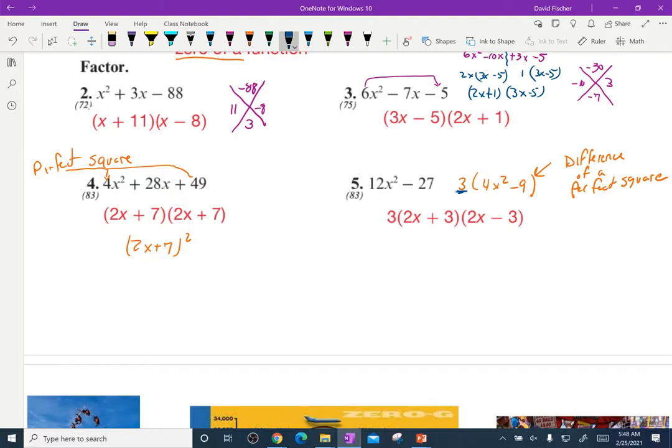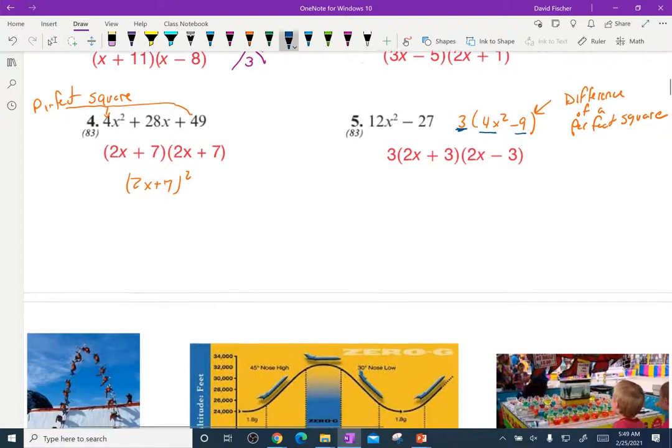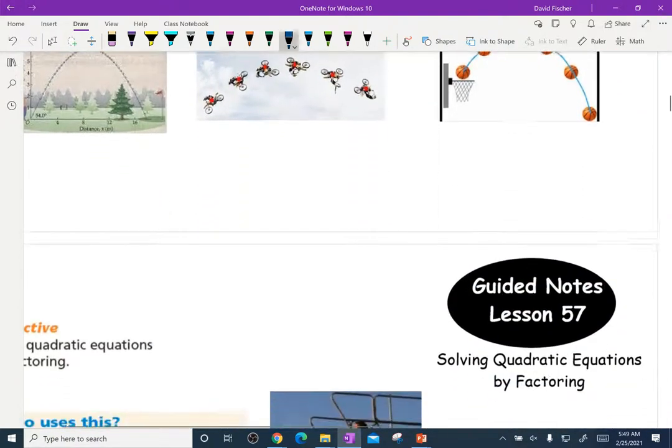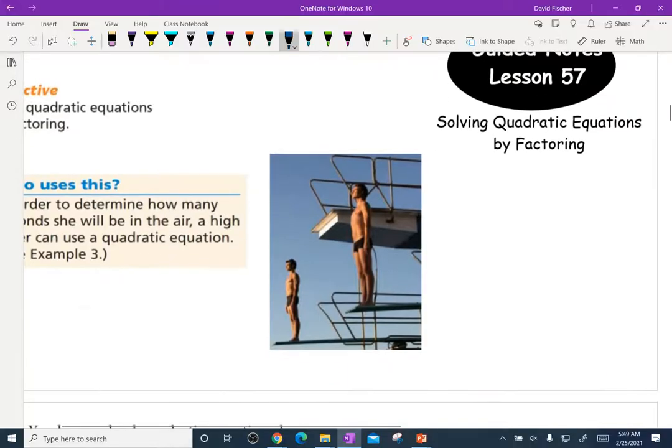We call that a difference of perfect squares because my middle term is 0. That's a perfect square of 2x, that's a perfect square of 3, and so 2x plus 3 and 2x minus 3. So these are all the factors, perfect, all the way to the end. Okay, all right. I'm hoping everybody's doing okay on those because we spent a good amount of time on that.